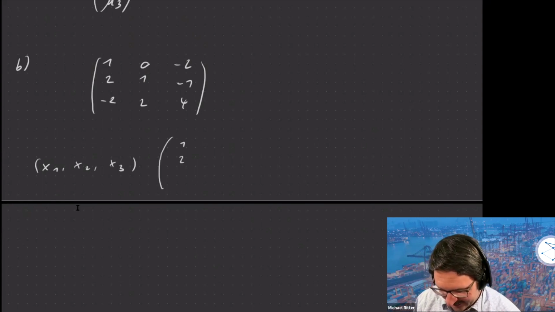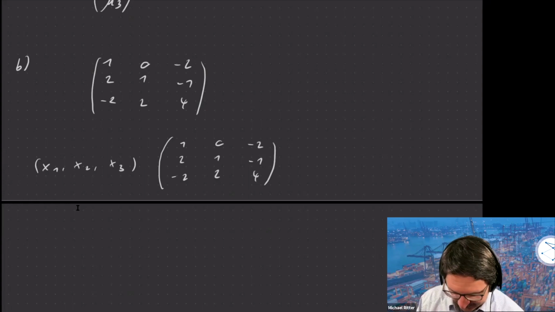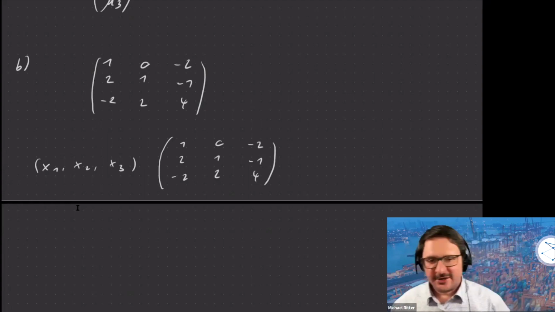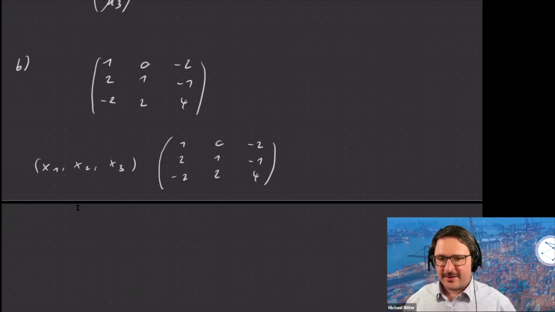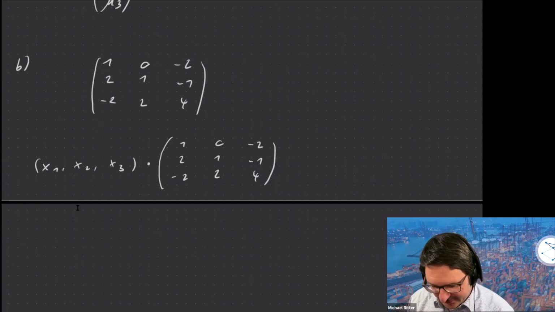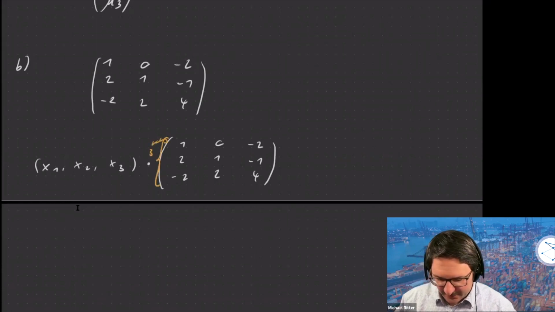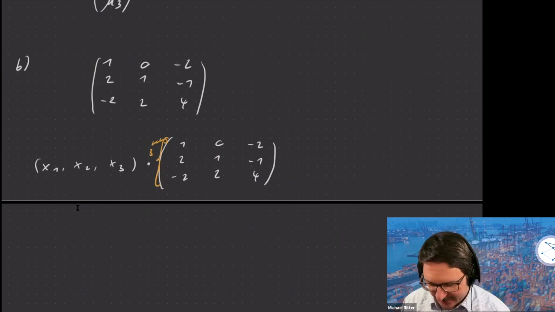Because this matrix A here has 3 rows and 3 columns. So if the matrix multiplication is defined, then the number of rows of this matrix here must be the same as the number of columns of this matrix here. And that has 3 columns.